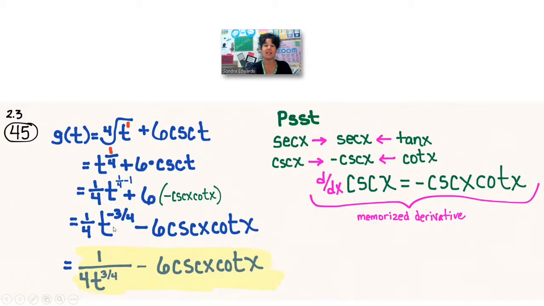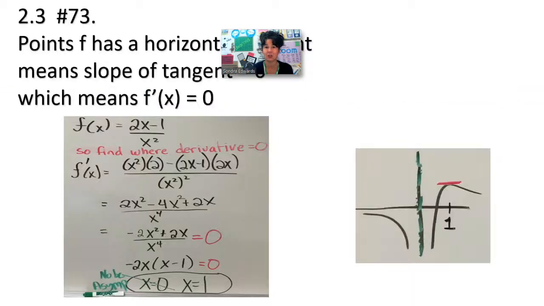I did get rid of the negative exponent there by moving the t to the negative 3/4 to the denominator. So 1/4 multiplied by 1 over t to the 3/4, numerator times numerator, denominator times denominator, and there we have the derivative.